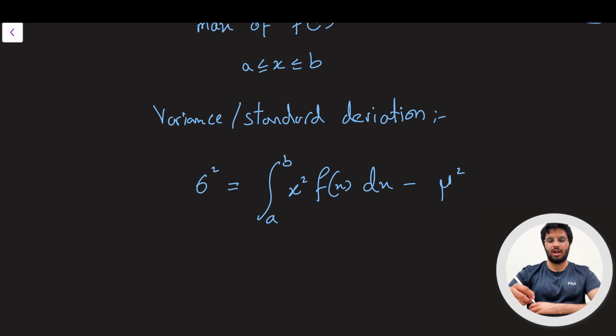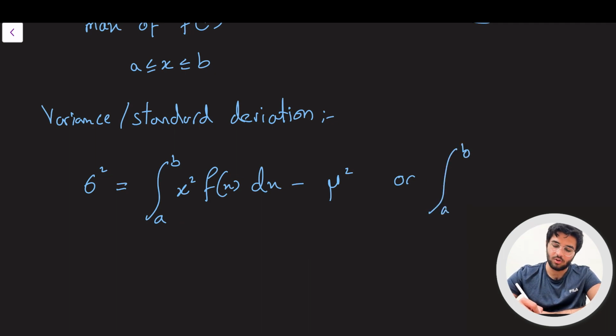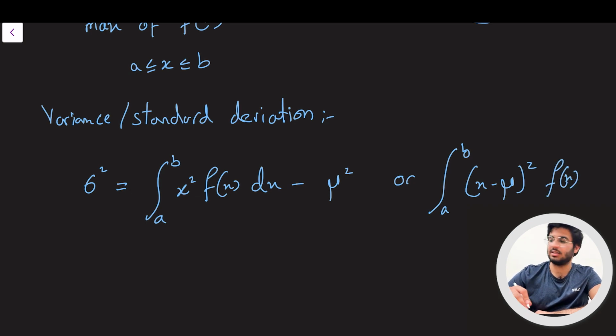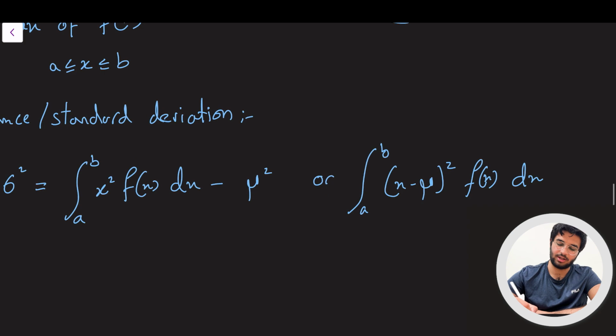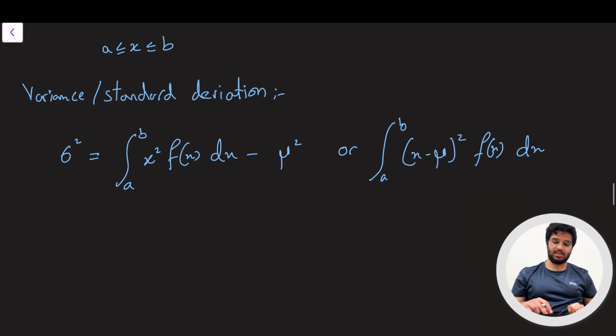Back then we had two formulas. Same thing here, we have two formulas. The integral of x take mu, whole squared, f of x dx. Simple stuff, nothing that complicated. Again, put that into a calculator or do it by hand. It's literally just the formula, square rooted to get the standard deviation.